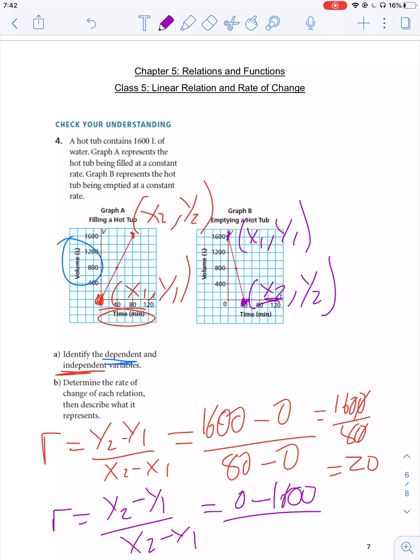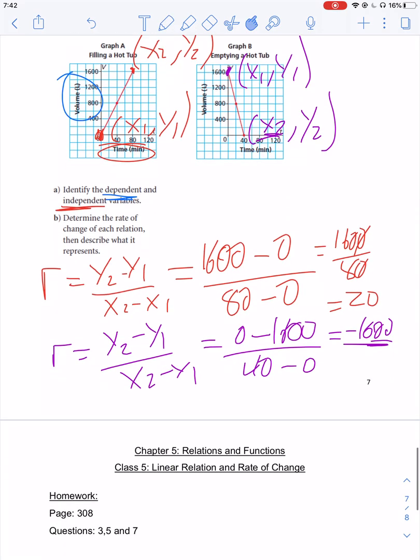X2 is over here, so this is 40, and then minus the x coordinate of this point, which is 0. So it's just minus 1600 over 40, and then you can cross out the zeros. So 4 times -4 is minus 16, and then a 0.